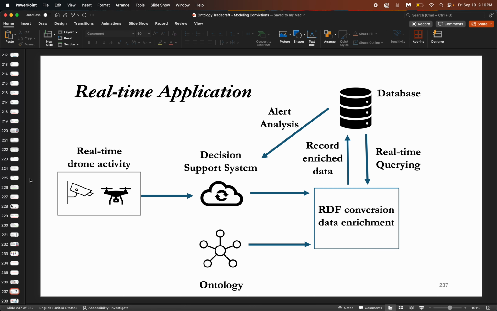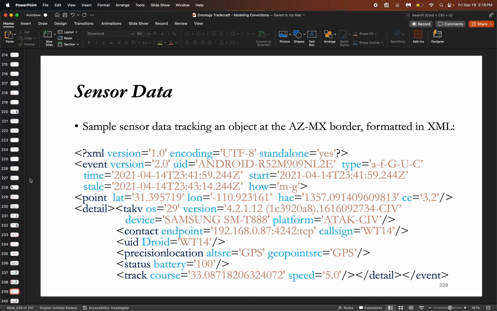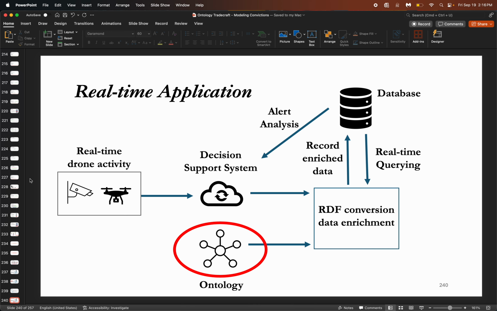You might have a real-time application set up that monitors real-time drone activity and helps support decision making, but you also might involve in this an ontology with already some conversion or data enrichment processes that go on, and this is where we meet up with that actual data in the real world. So if we're just looking at the drone activity, you might get sample sensor data that looks something like this, kind of a mess.